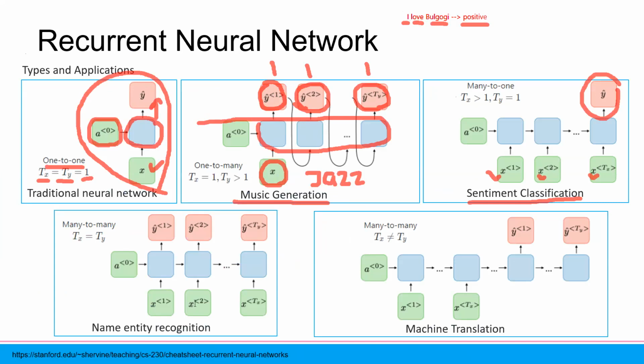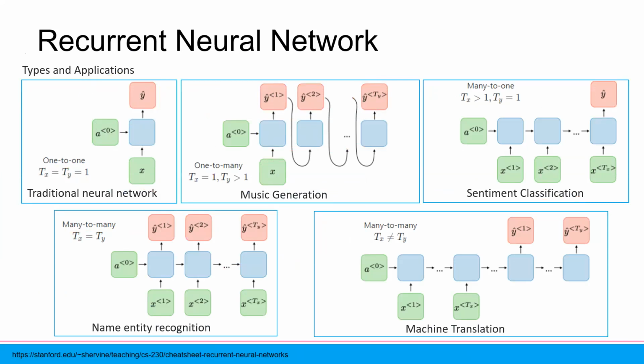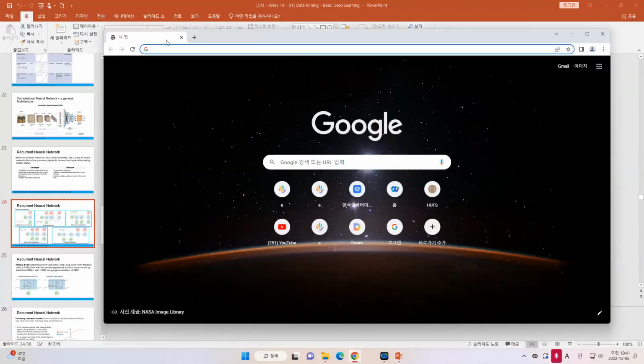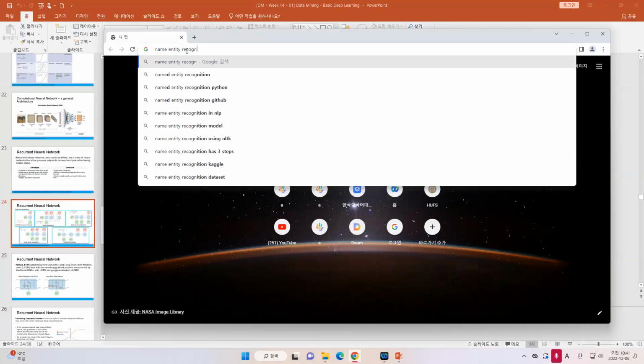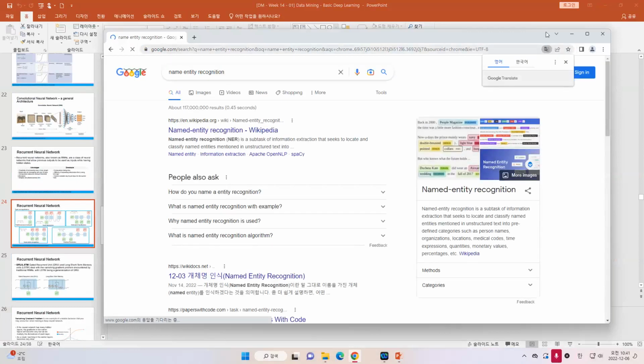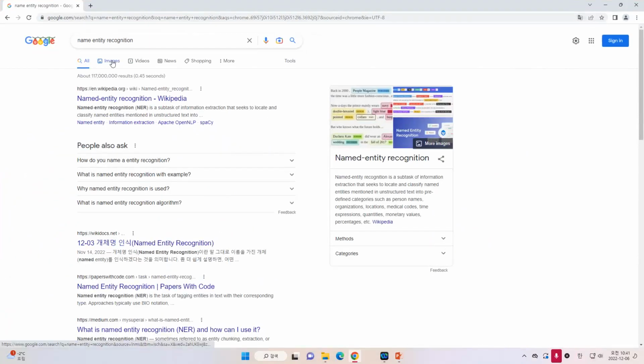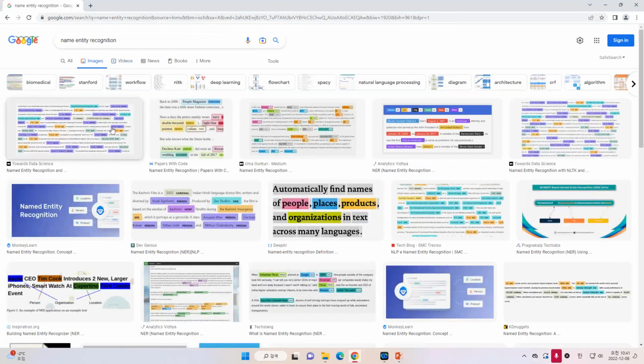Name entity recognition. We have many to many. So we have many words in an article, and then we can predict what is the meaning of that word. I don't have the information. Maybe I can just show you. So name entity recognition. In Python, they already have the library. For example, like this one.